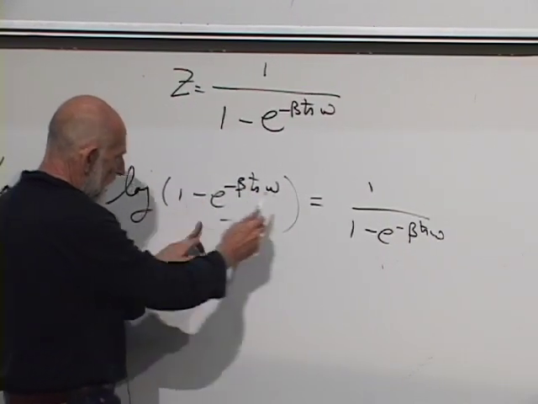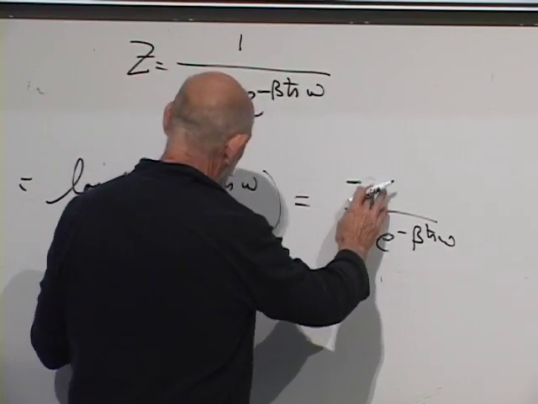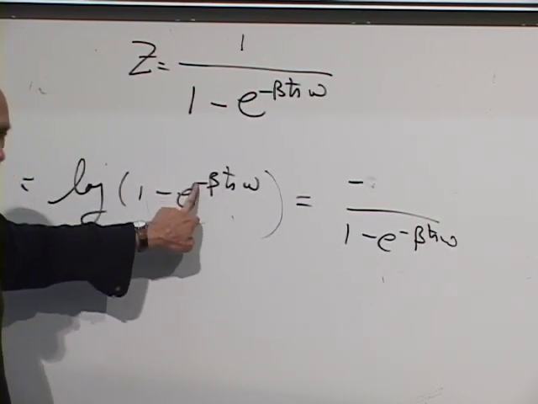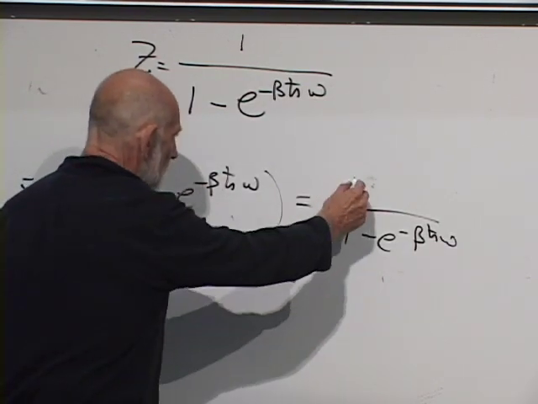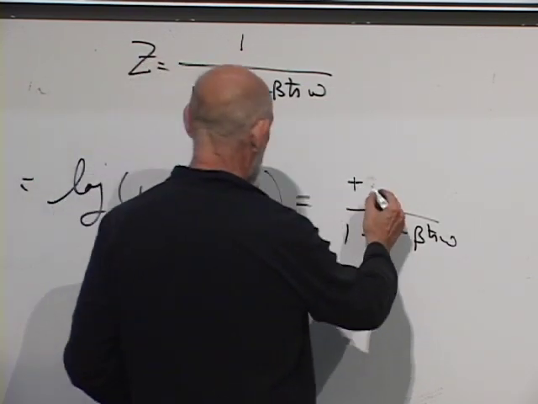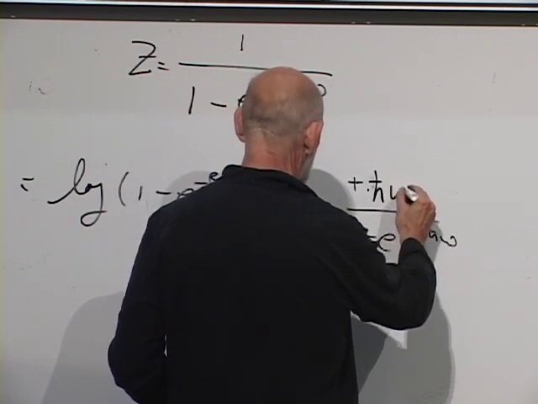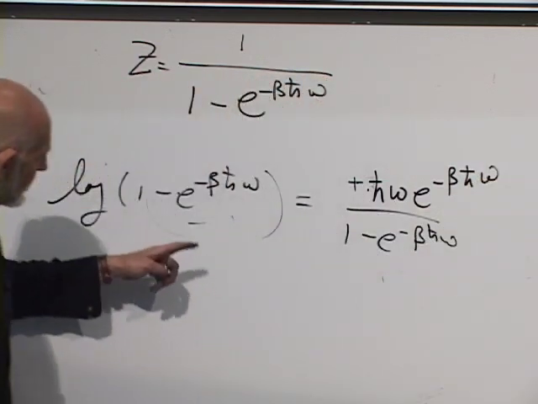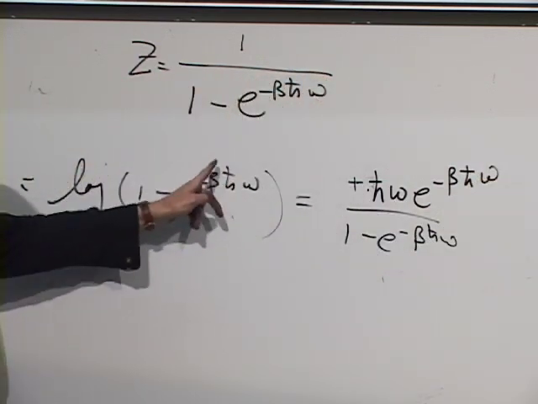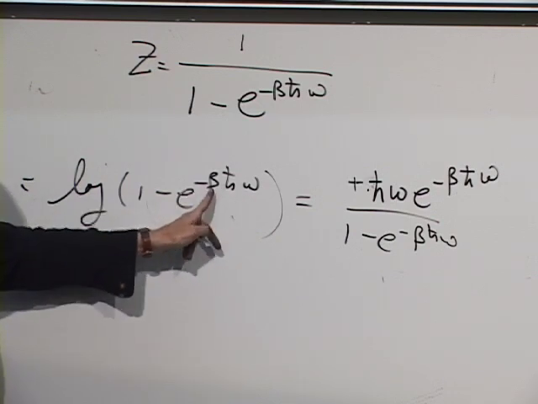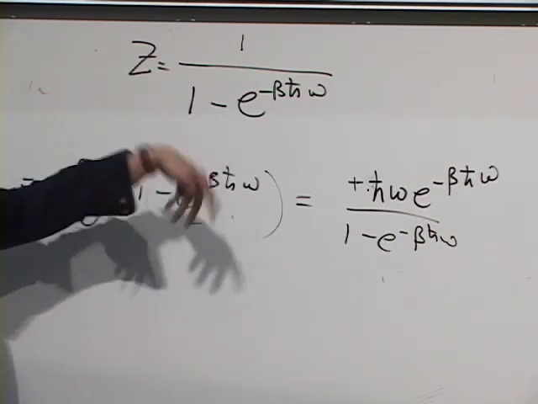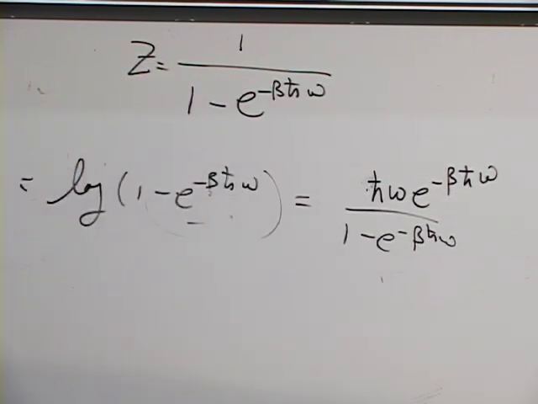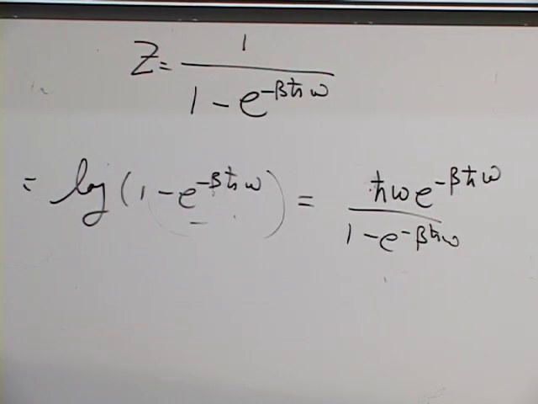There's a minus sign from here, and differentiating the exponential gives us another minus sign, so it becomes plus, and then just h bar omega e to the minus beta h bar omega. Differentiating with respect to beta gives us the exponential back, but then h bar omega from differentiating. That's the formula. This is the energy of the harmonic oscillator in thermal equilibrium at temperature 1 over beta.